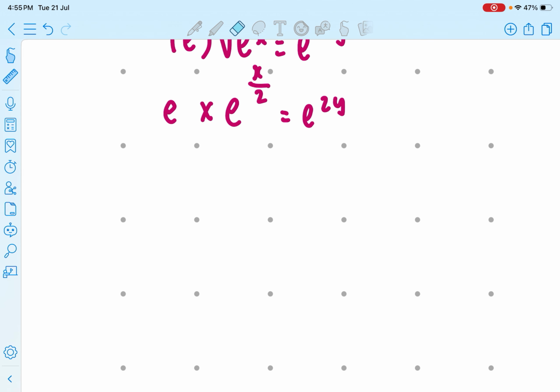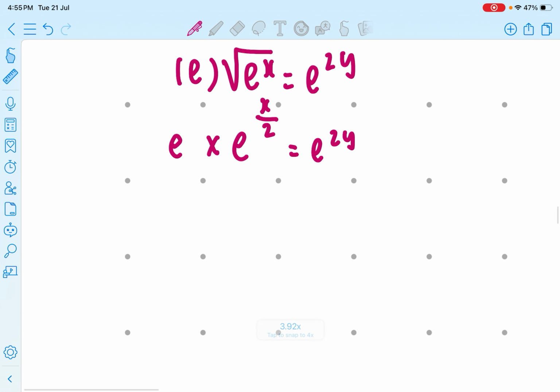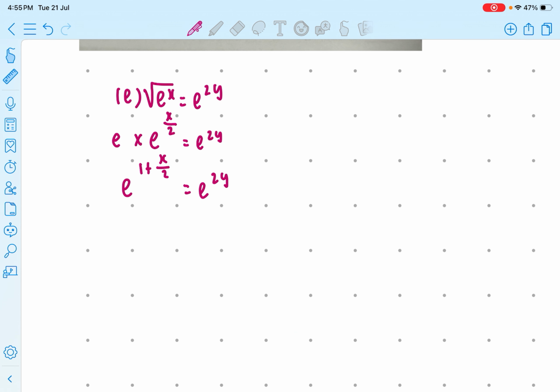When you multiply terms with the same base, you can add the powers up. So you'll get e^(1 + x/2) equals e^(2y).